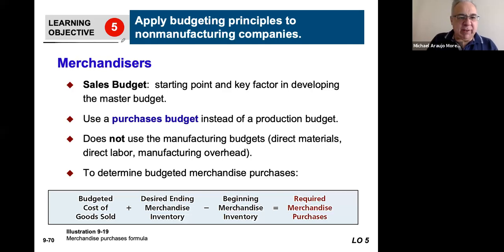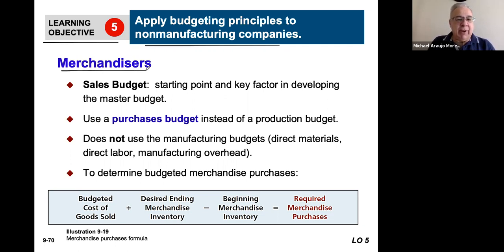Okay, learning objective 5 is nothing different; it's applying all we know, but to a non-manufacturing company. So the book introduces you now to what this process would look like in essence for a merchandiser.